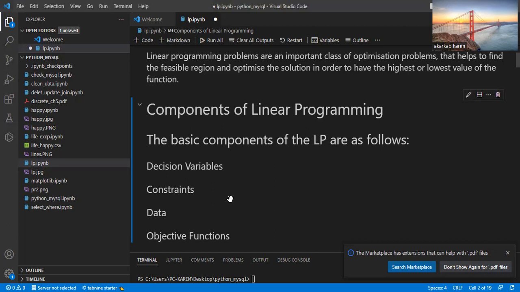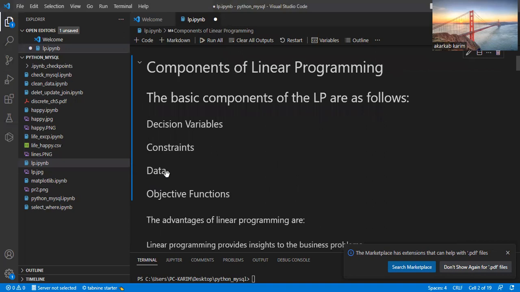We have some constraints of machines, for example, of hours of time we need to produce these products. We have some limitations. Okay, well, we also have the data, the numbers, that we need to replace in these constraints and decision variables.